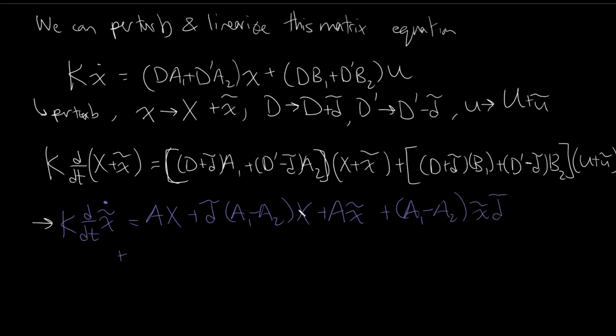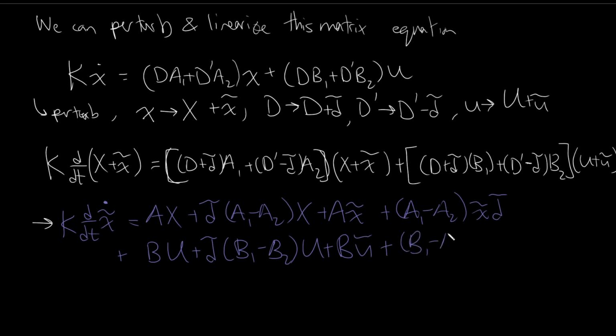And then for the u part, we're going to get b times big U plus d tilde times b1 minus b2 times big U plus b times u, and then also we're going to have b1 minus b2 little u and little d.